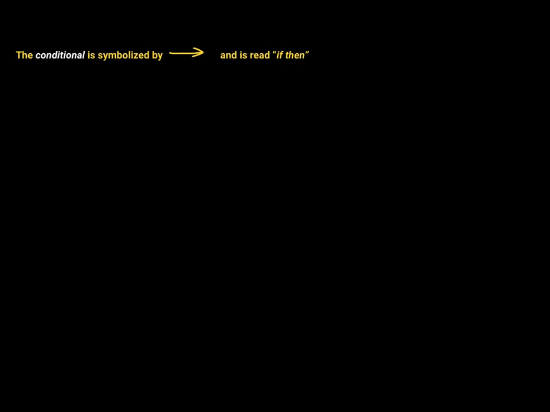So the statement, for example, this statement here would be read as if P, then Q. Now, for these conditional statements, you have two parts. You have the first part that precedes the arrow. This is the antecedent. And the part that follows the arrow is the consequent. So P is the antecedent, and Q is the consequent.